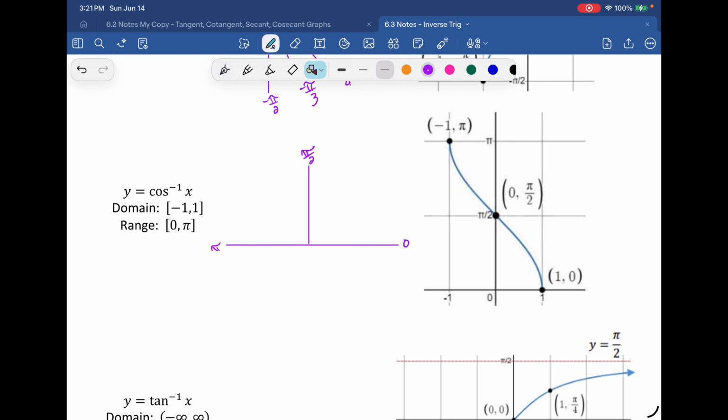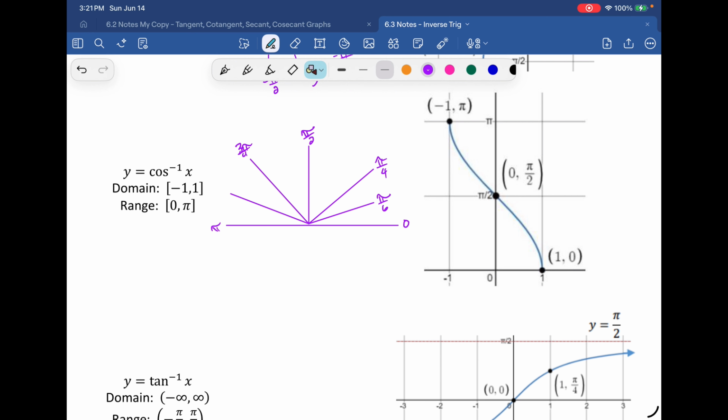I've got pi over 4, and in quadrant 2, because my answers have to fall between 0 and pi, this is 3 pi over 4. Pi over 6, in quadrant 2, that would be 5 pi over 6. Pi over 3, and in quadrant 2, that would be 2 pi over 3.